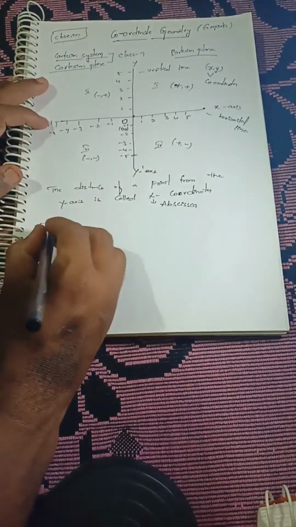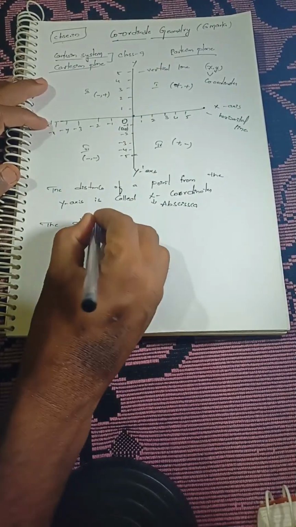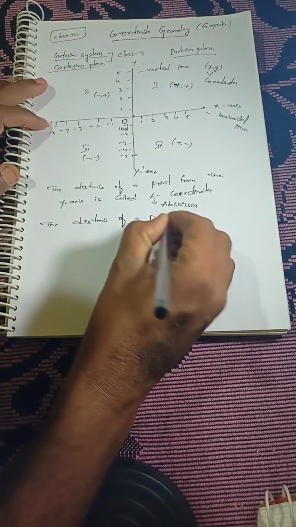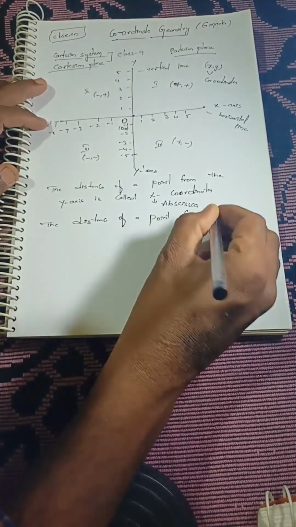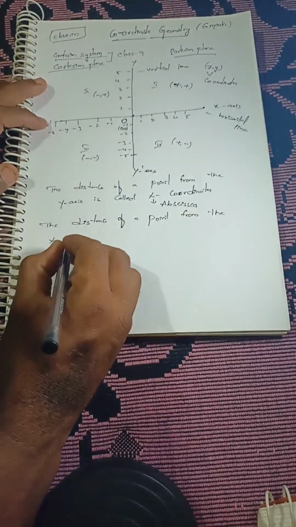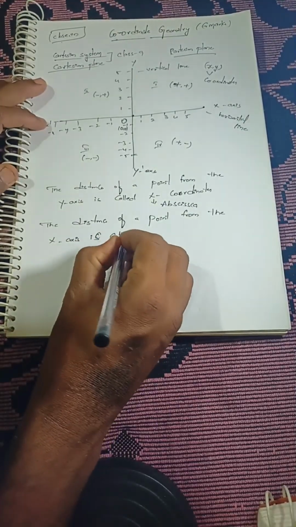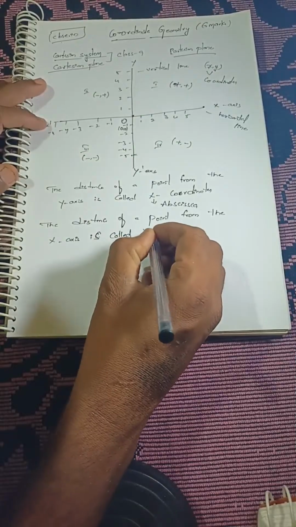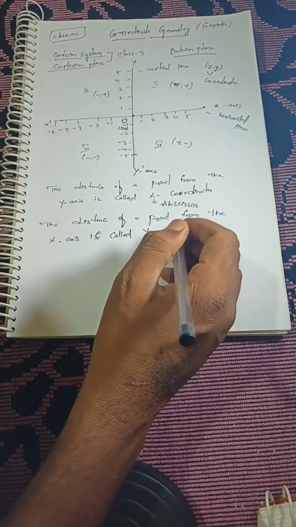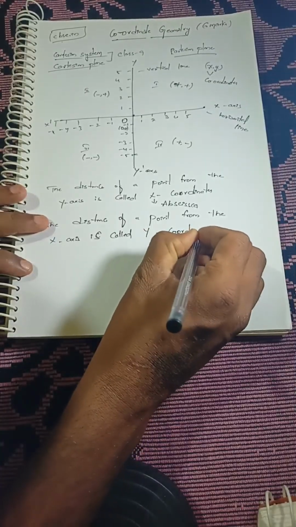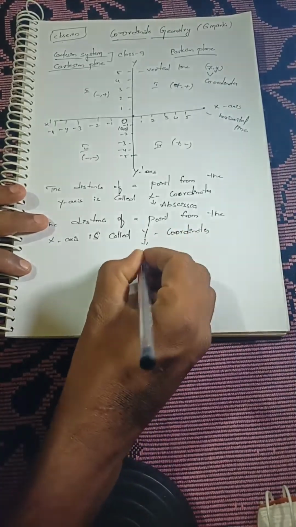And the same, the distance of a point from the x-axis is called the y coordinate. The y coordinate we also call ordinate.